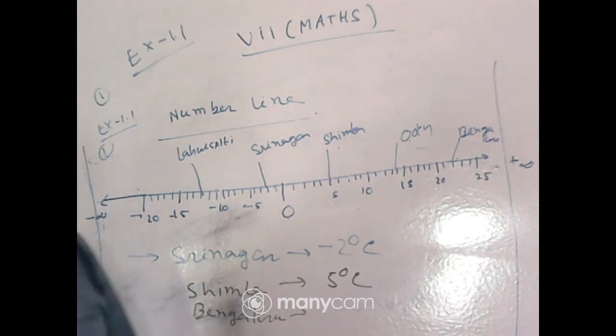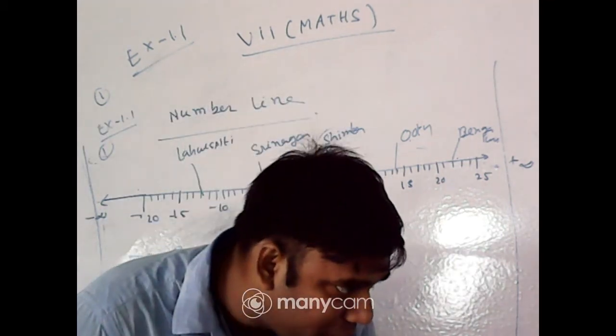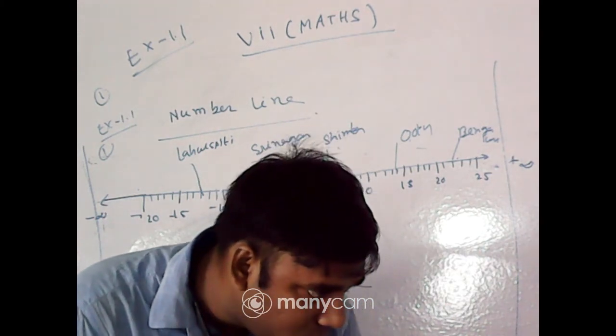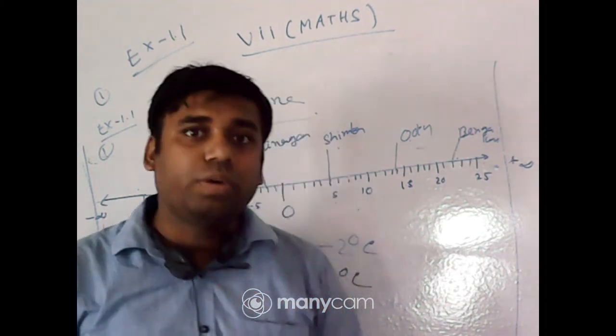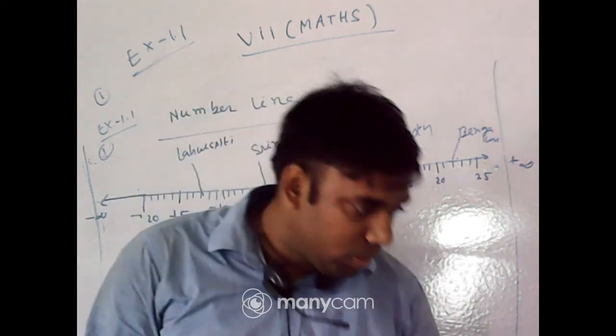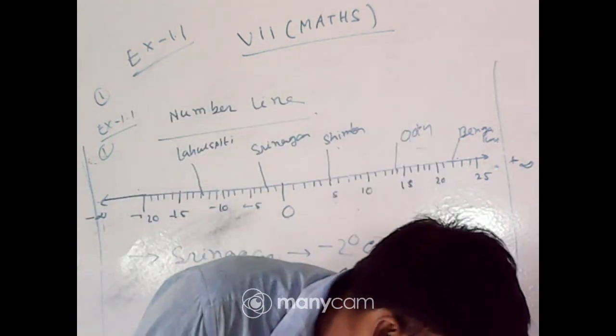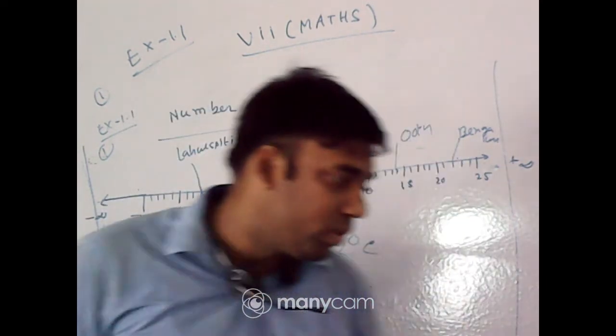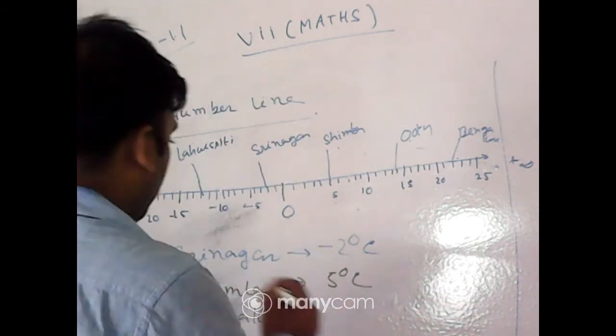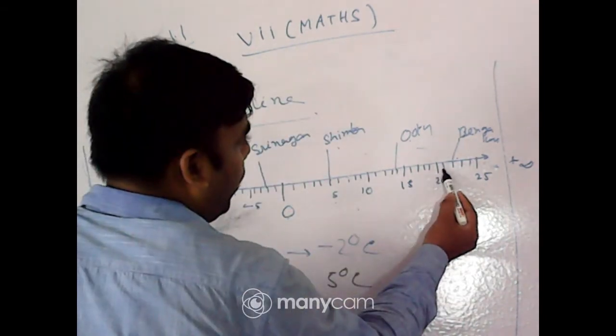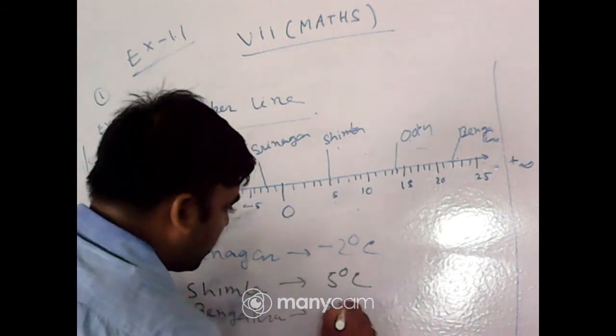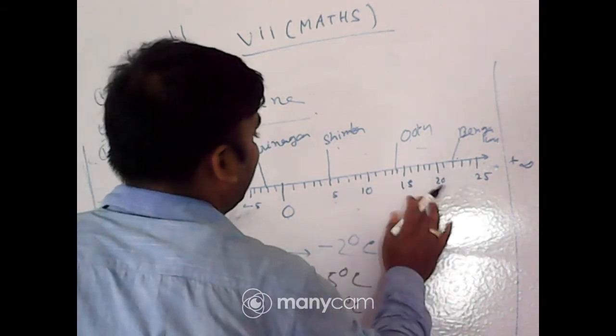Now you can watch me on your screen. So Bengaluru, that is 21, 22. So 22 degrees Celsius, plus, because it is on the right hand side of the 0.